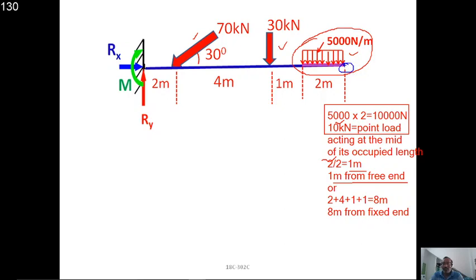From this free end, 1 meter, the mid, 2 by 2. At this point, the entire UDL converted as a point load is acting, with a magnitude of 10 kilonewtons. This is how we represent the UDL as a point load.